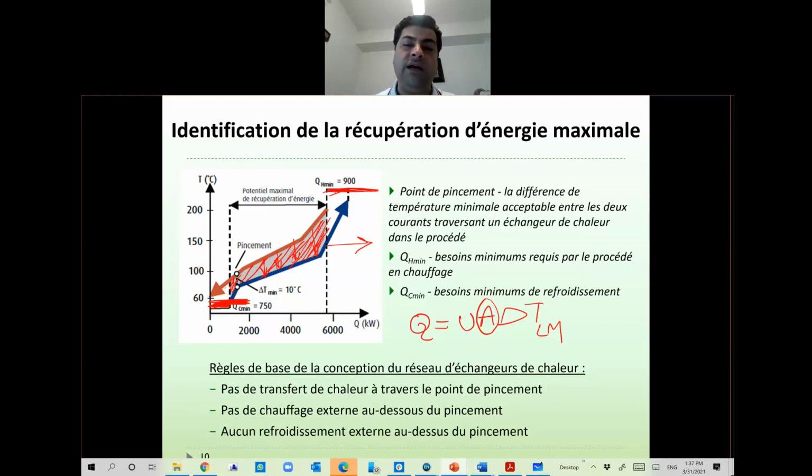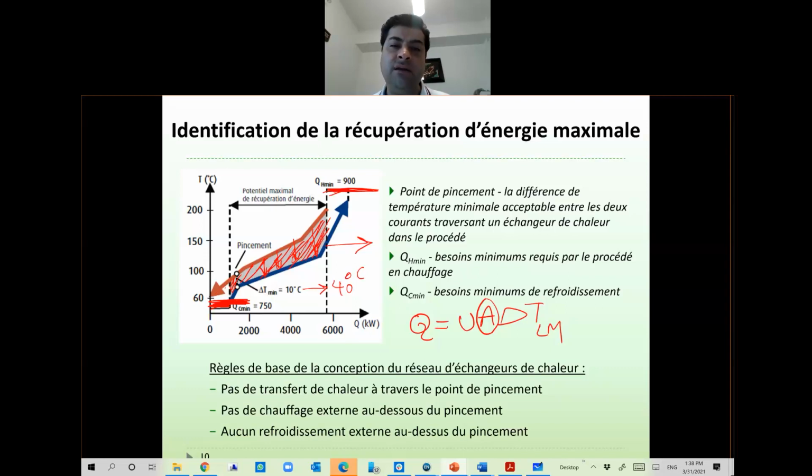And on the other hand, if you increase your delta T, if you increase the pinch point, for example, from 10 degrees to 40 degrees C, of course you will require less heat exchanger surface.